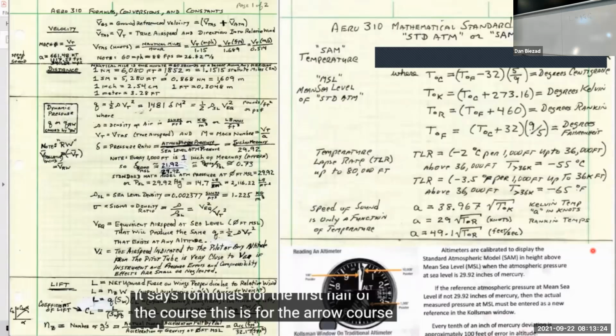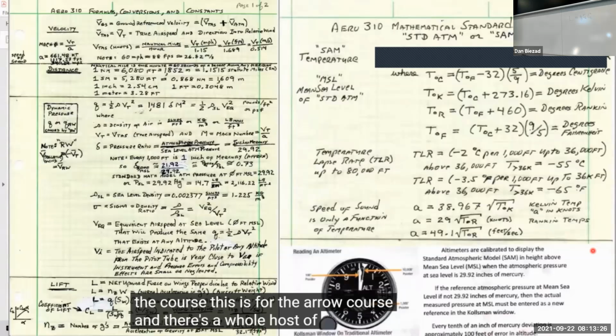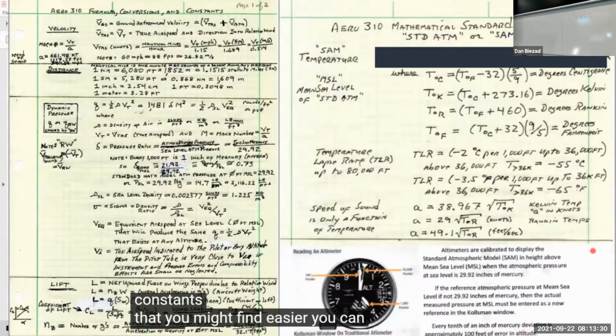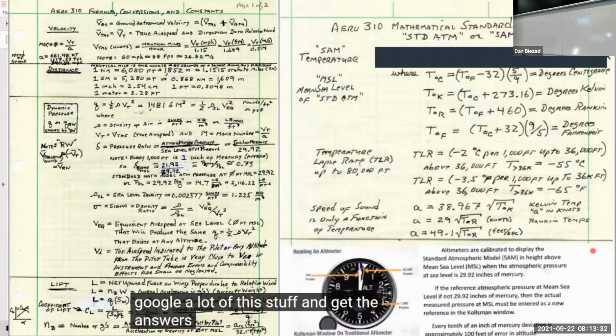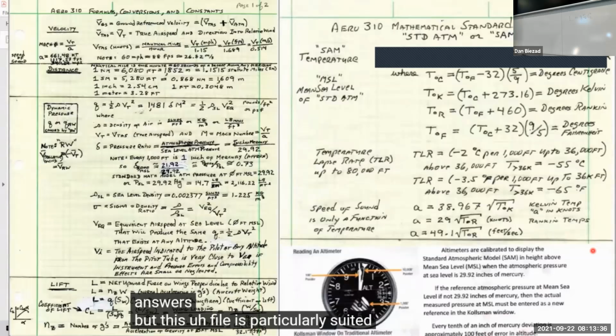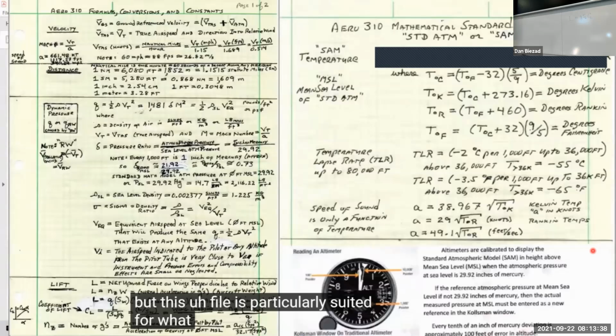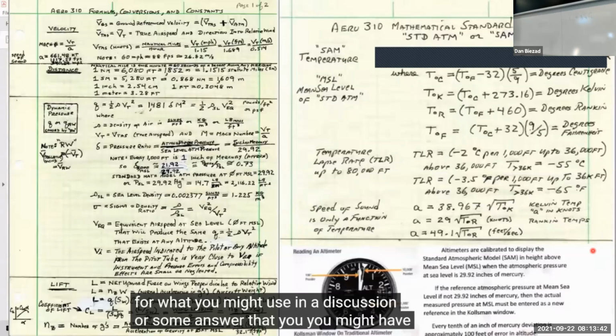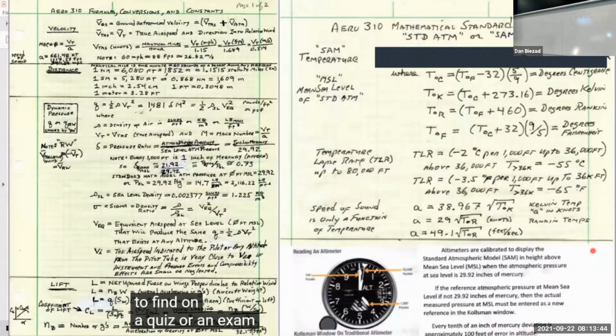And there's a whole host of formulas and constants that you might find easy. You can Google a lot of this stuff and get the answers, but this file is particularly suited for what you might use in a discussion or some answer that you might have to find on a quiz or an exam.